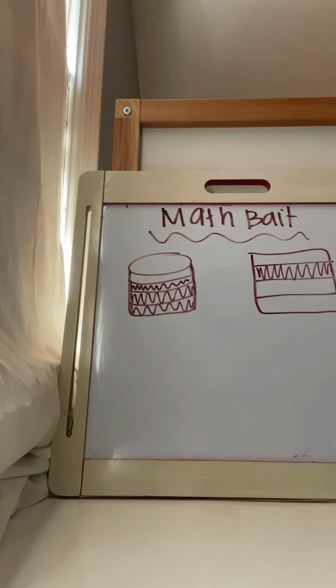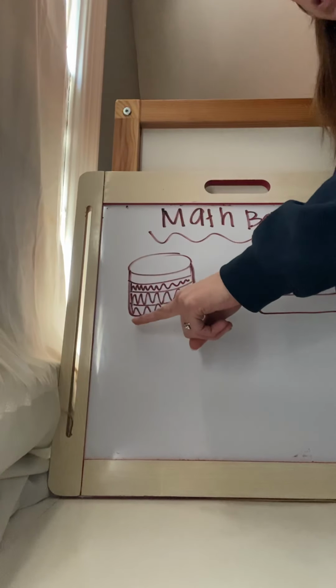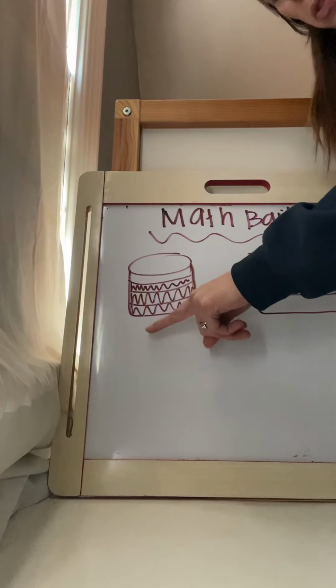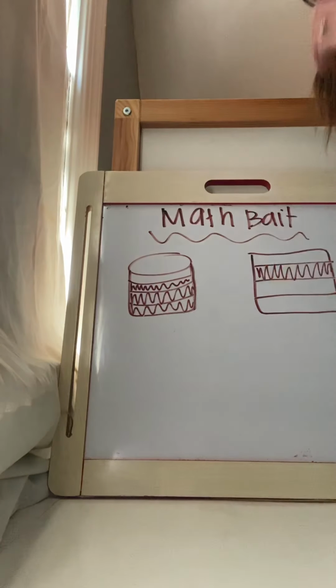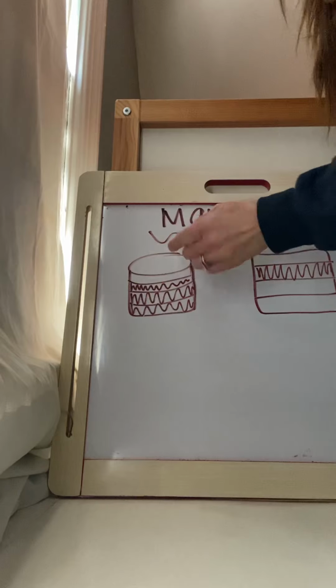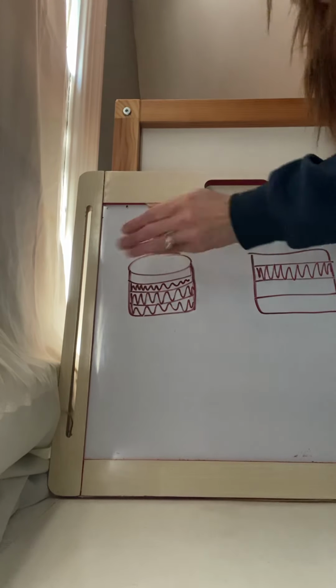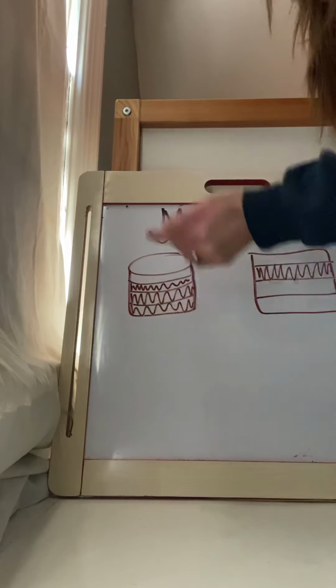Okay, good. All right, so these were your two fractions that you had. You had this cylinder, which is a 3D shape that was broken up into 4 pieces. So 1, 2, 3, 4. Don't get confused with this. This is the top of your shape. So this is your shape here, and these are your lines.